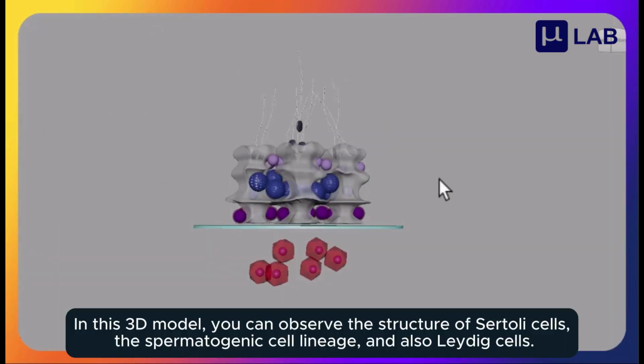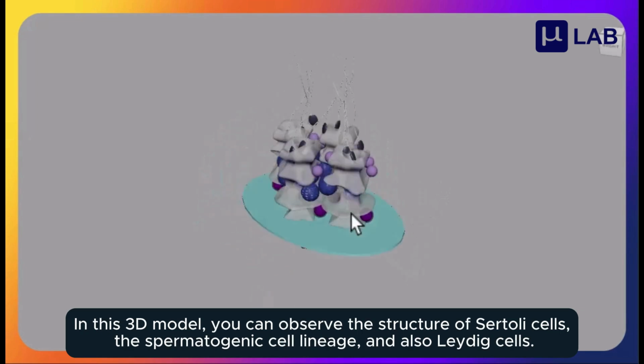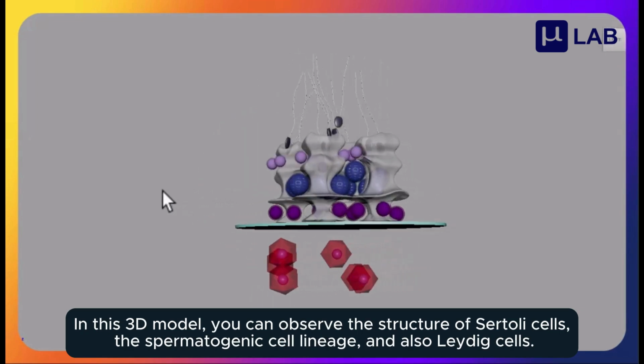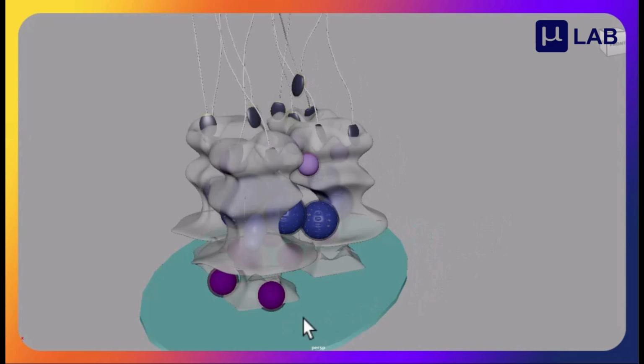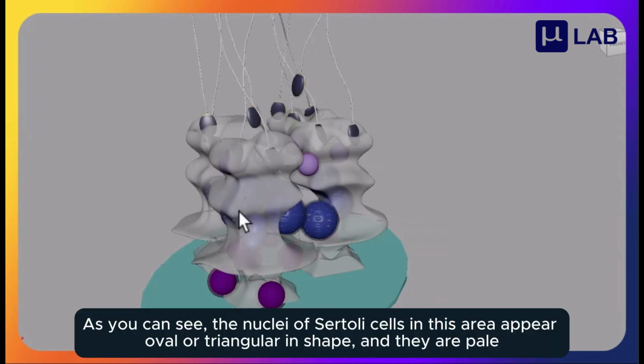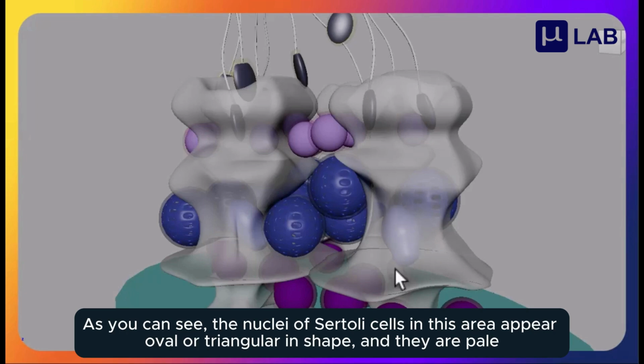In this 3D model, you can observe the structure of Sertoli cells, the spermatogenic cell lineage, and also Leydig cells. The cells shown in gray represent Sertoli cells. As you can see, the nuclei of Sertoli cells in this area appear oval or triangular in shape, and they are pale.